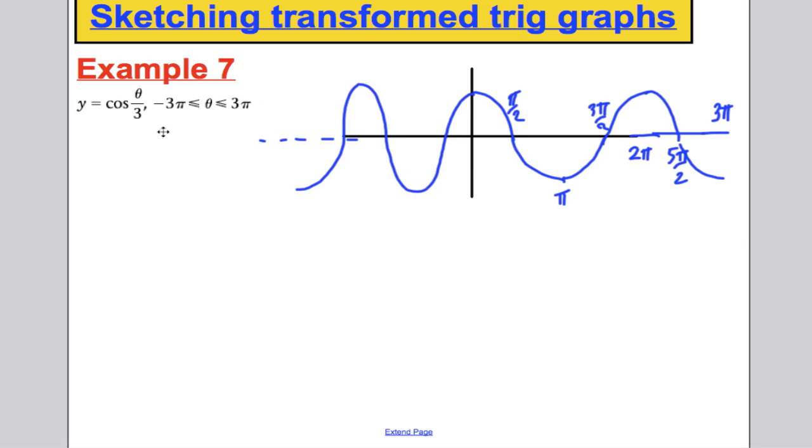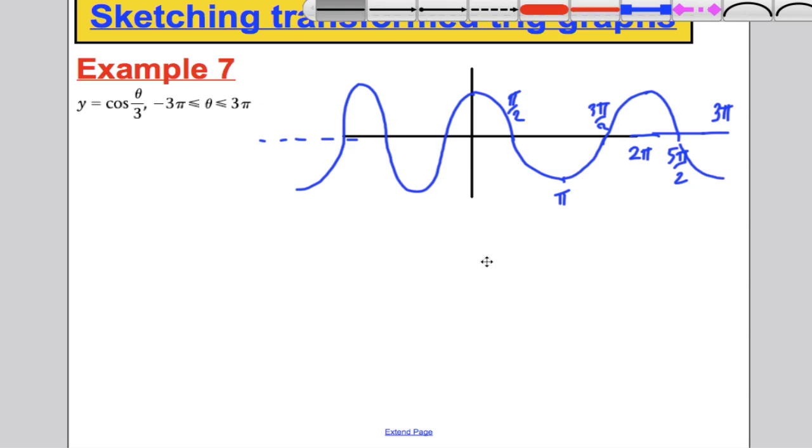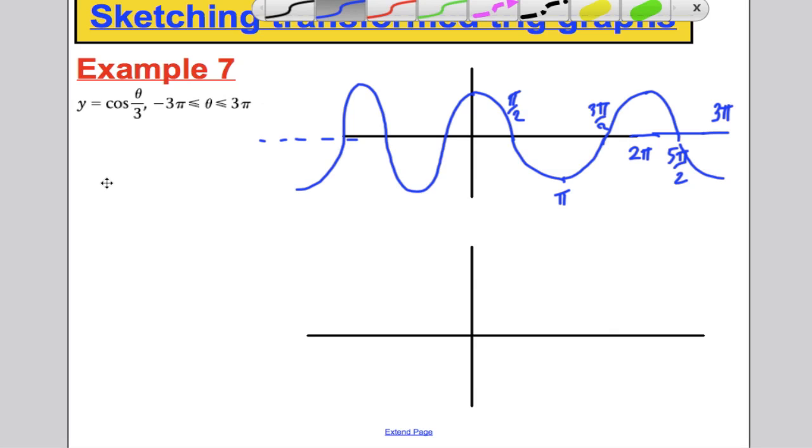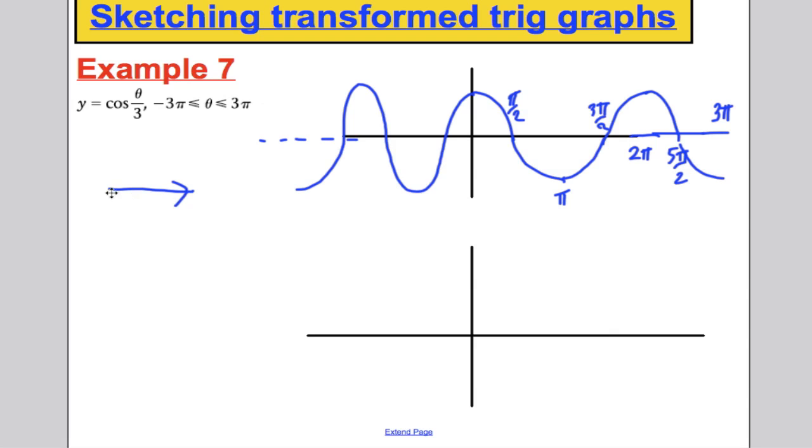And so this particular graph here, what's this transformation doing? Well, the dividing by 3 inside the cos function is actually stretching it in the x direction by a factor of 3. So where you crossed at pi by 2, you're now going to cross at 3 pi by 2, which is over here.